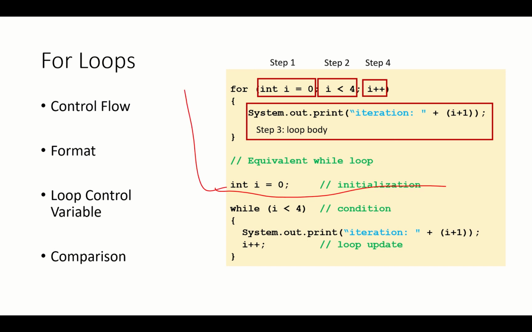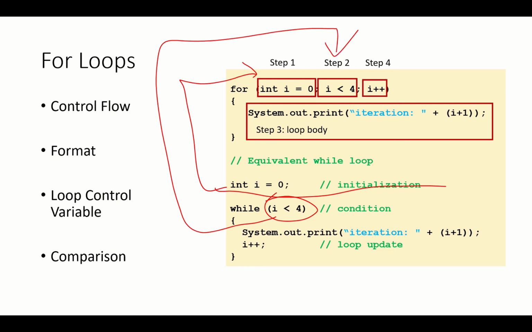This should be the same. Second, we have a loop condition. This condition should be the same as step 2, which means once it's true, we will go into the loop body. In the loop body, you should include the loop update.